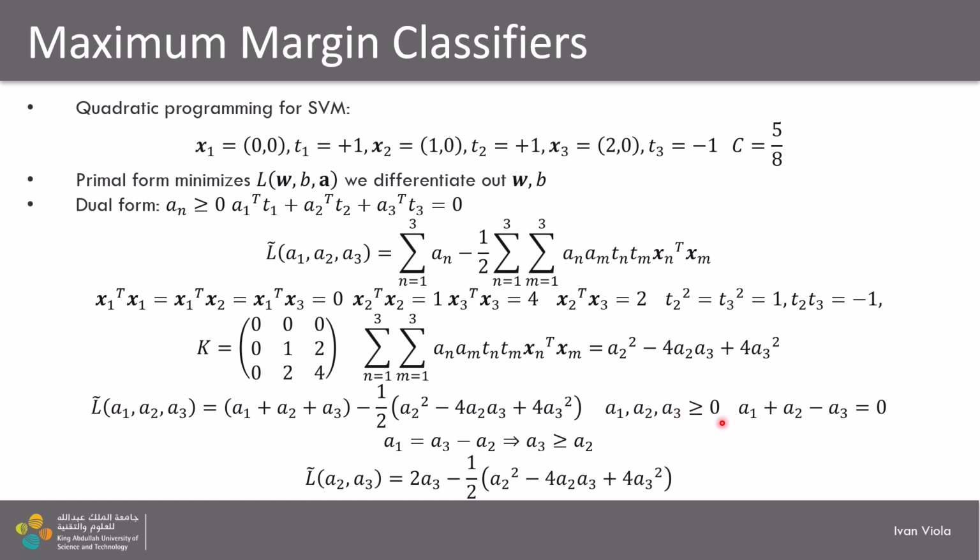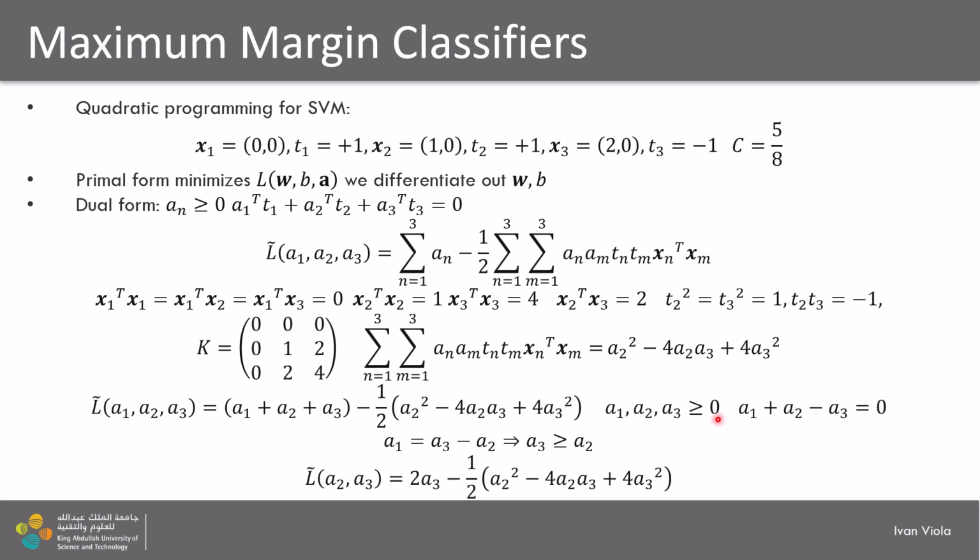And we can also see the following constraint: t1 is 1, t2 is 1, t3 is minus 1, so this needs to be equal to 0. So a1 plus a2 minus a3 equals 0.